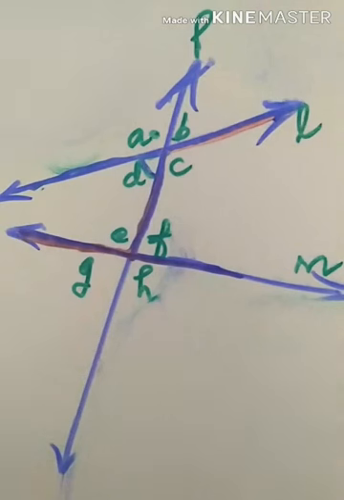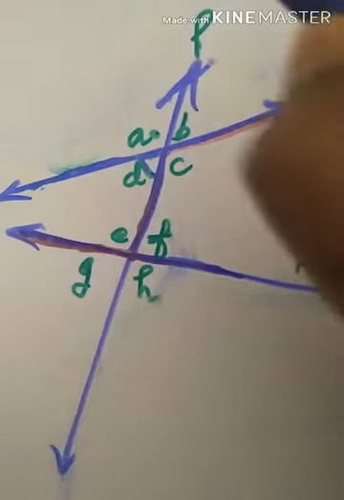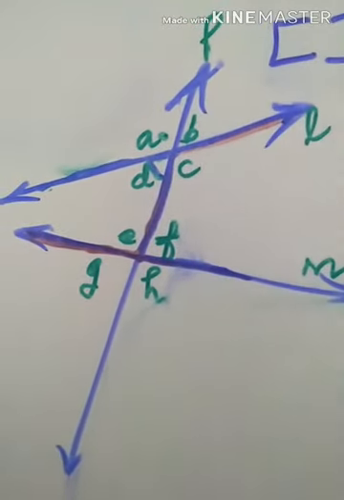After discussing corresponding angles and alternate angles, now it's time for us to discuss the easiest type of angles, that are interior angles. Interior angles make a C shape, this way or this way. So which are the interior angles here?